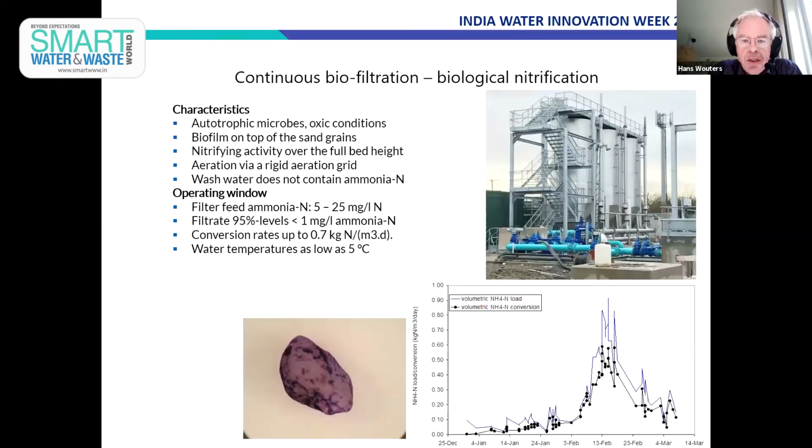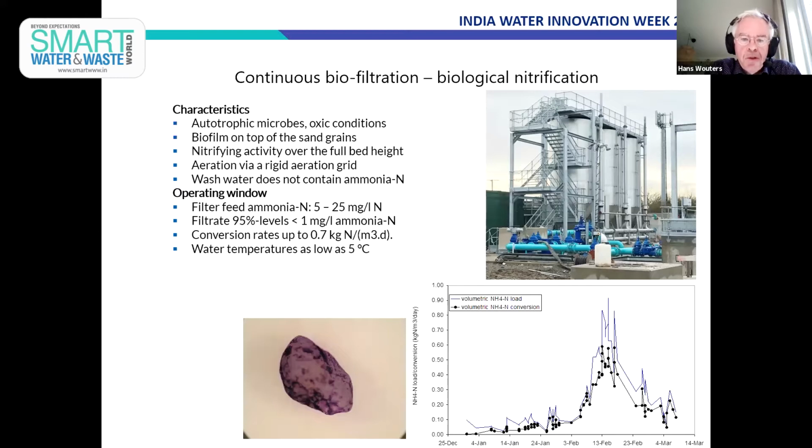In this sheet, there is an example of a biological nitrification process in these filters, where the nitrifiers are growing on top of the sand grains. You can see a grain where a little bit of biomass is sticking to the sand grain in patches, in black patches, and these patches will contribute to the conversion of the ammonia into nitrate.